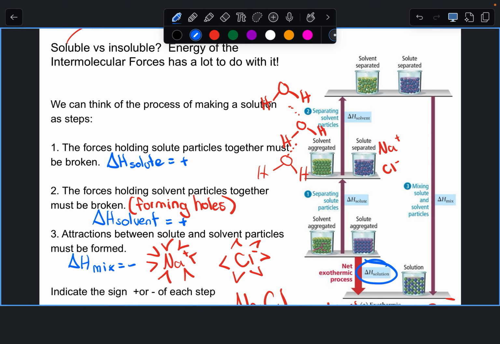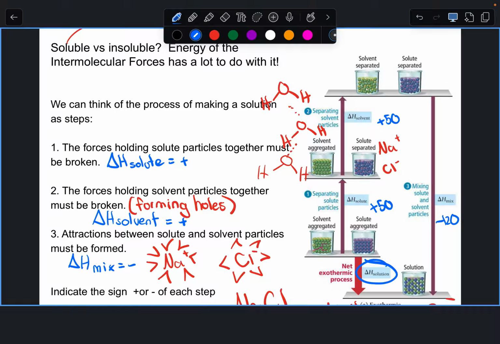And in this particular example, they're showing us that the delta H of mixing is bigger than the sum of the other two. So I'm just going to give you some rough numbers. Let's pretend this one's positive 50, this one's positive 50, and maybe this one's negative 120.